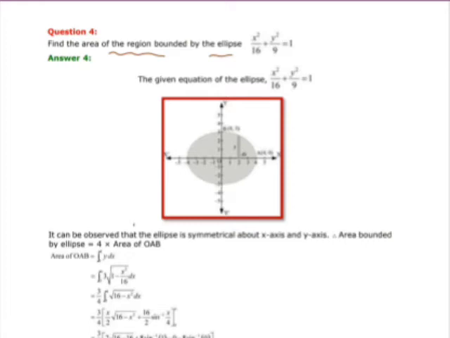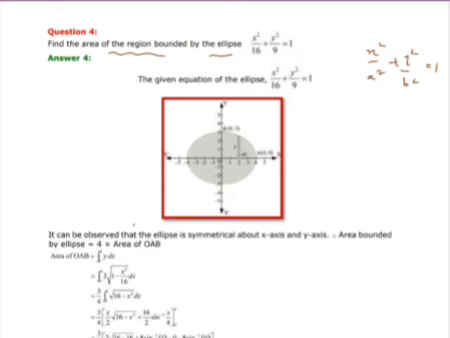So you already know the standard form of the ellipse also. Let's see here, the standard form of the ellipse is x square by a square plus y square by b square equals 1, which is nothing but the standard form of the ellipse.